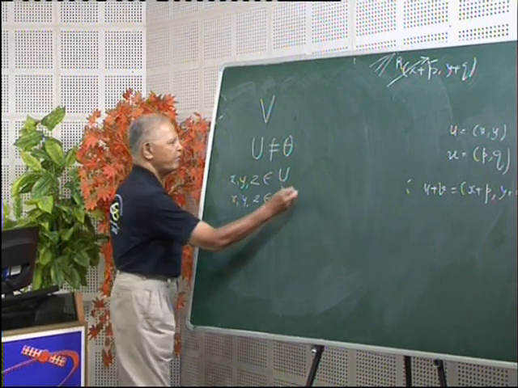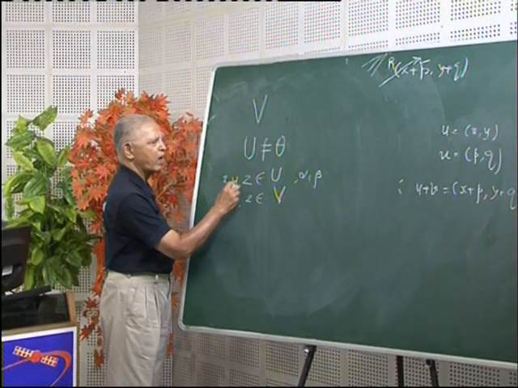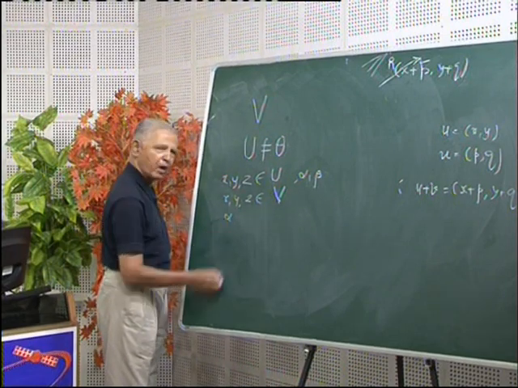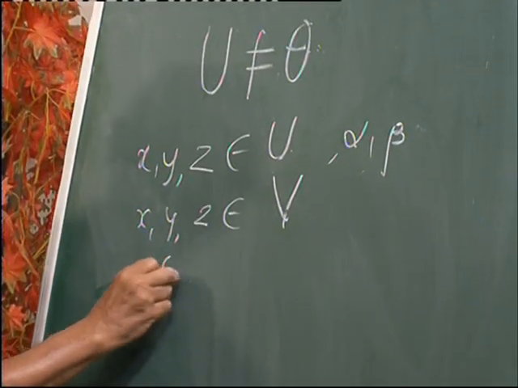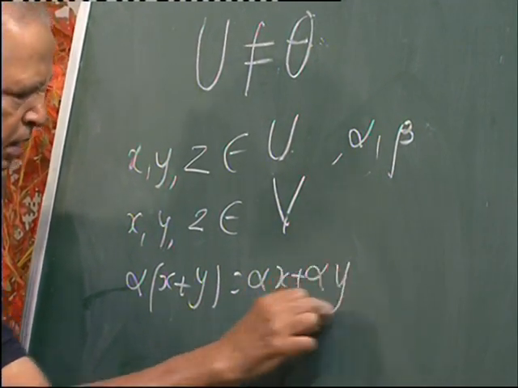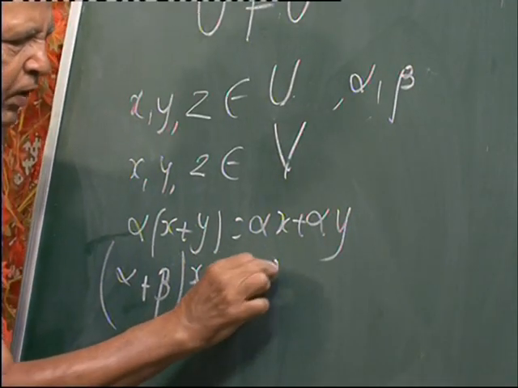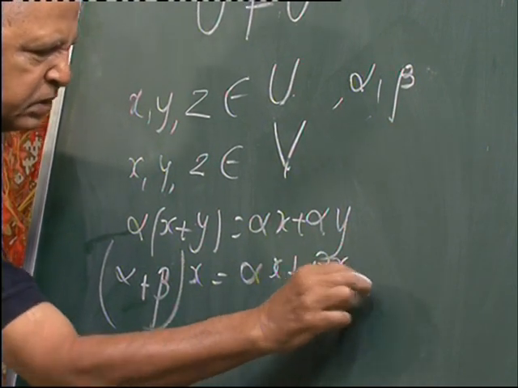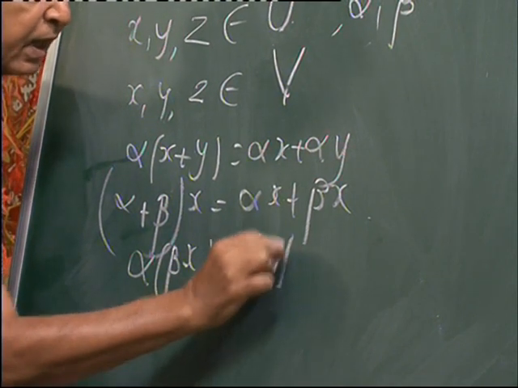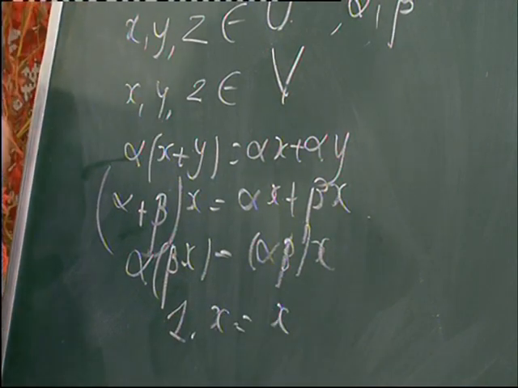And if alpha and beta are real numbers, then taking x and y as elements of the vector space V, we have all the properties: alpha into x plus y is equal to alpha x plus alpha y, alpha plus beta into x is equal to alpha x plus beta x, alpha into beta x is equal to alpha beta x, and 1 into x is equal to x.